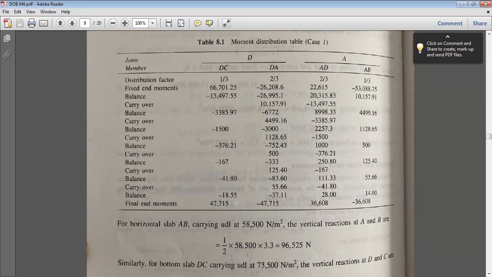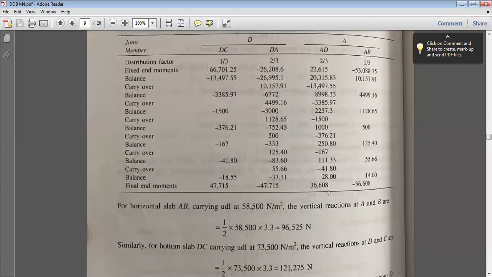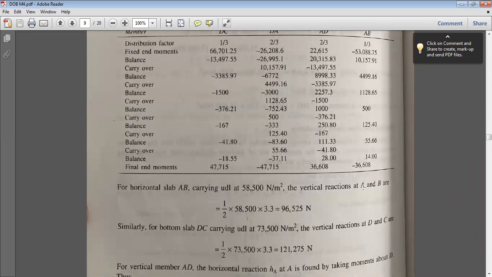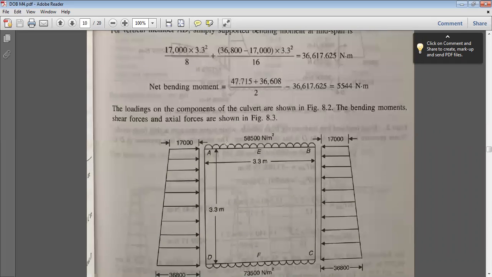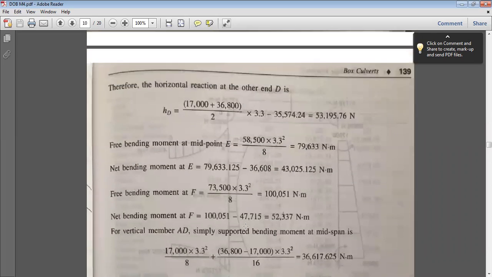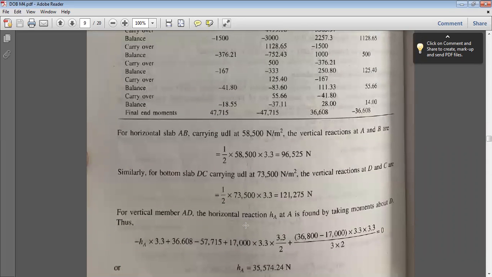DC 47,000 clockwise, DA 47,715 anti-clockwise, AD 36,608 clockwise, AB 36,608 anti-clockwise. So like this, at every junction I have calculated the moments.